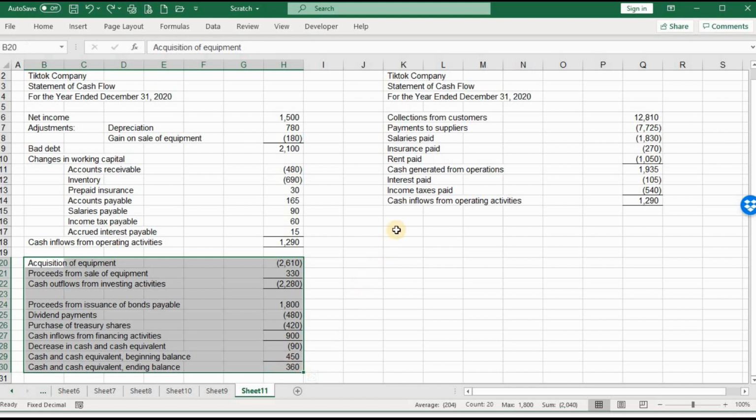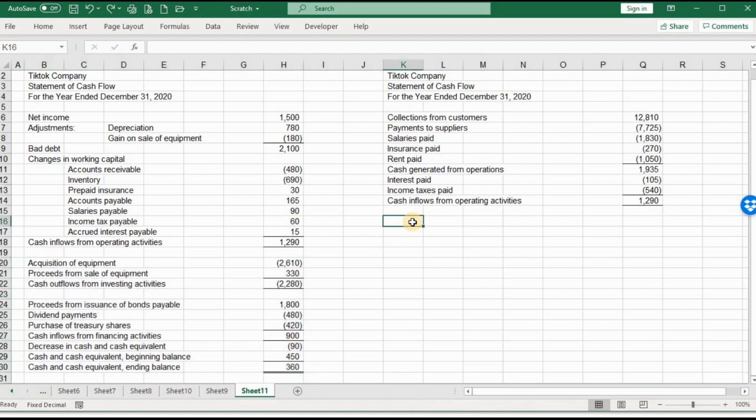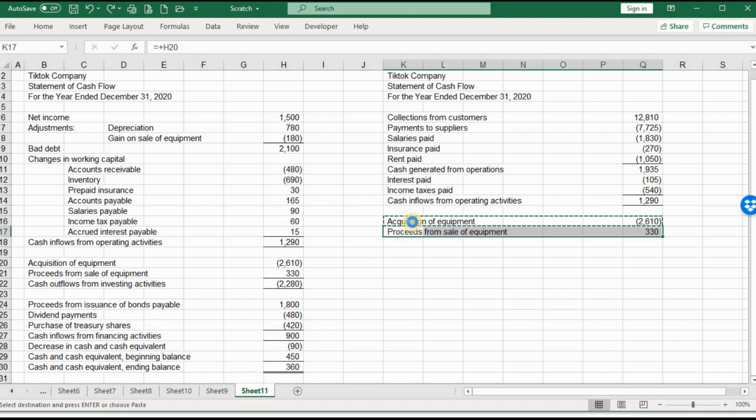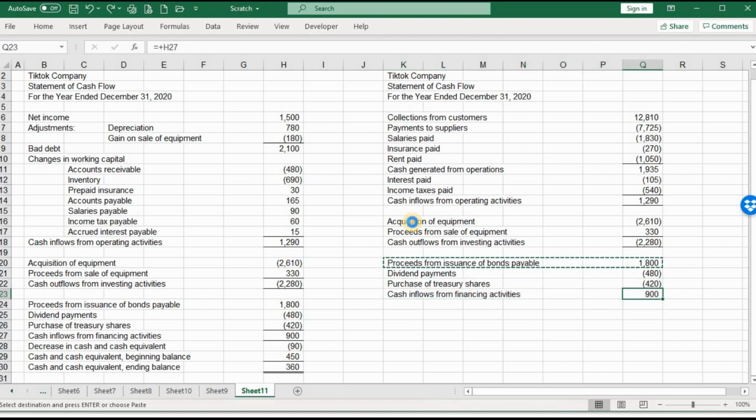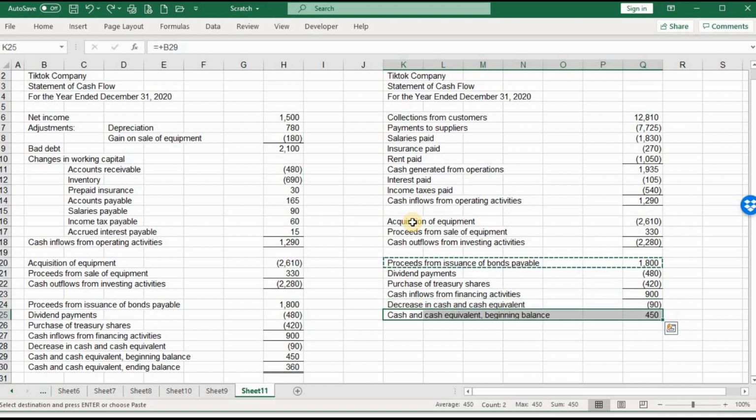So let's just copy and paste. So starting with acquisition of equipment for the investing activity, and this for the financing activity. So the cash inflows from financing is 900. Then the decrease is negative 90. Then the beginning and ending balance.